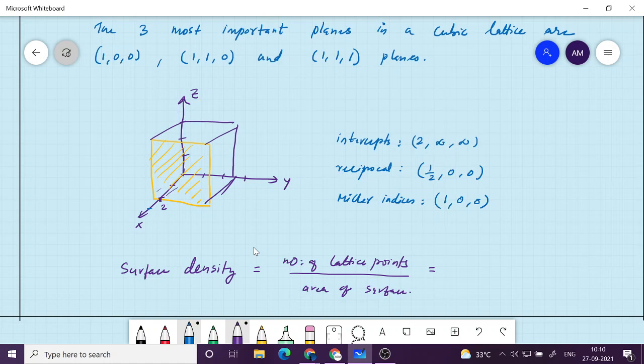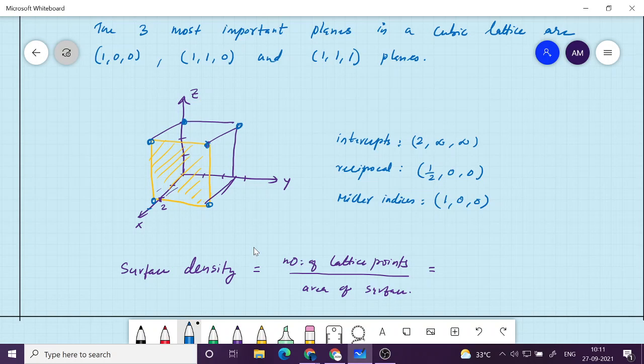So for example, if it is a simple cube, there are atoms sitting in the corners like this. So there is an atom sitting at the corner, and this surface has 1/4 from each of the corner atoms, not 1/8, because we are only considering the surface. So we are not considering the x direction, we are only considering the y direction and z direction.